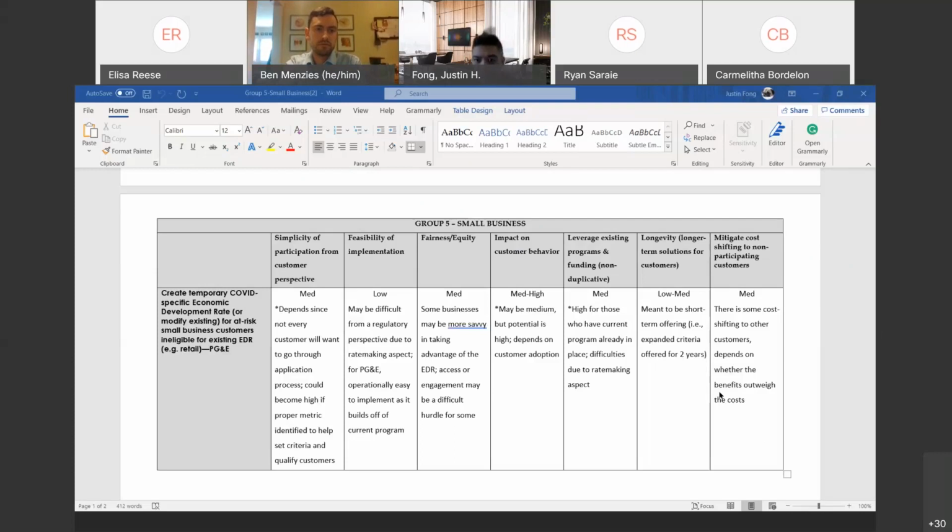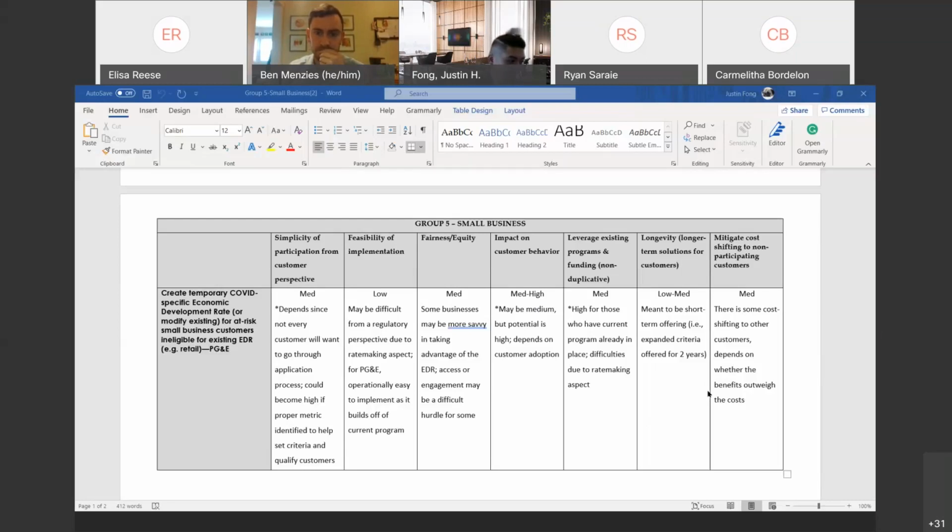The fairness and equity is medium. Some business may apply for it. They're savvy with all the programs the electric companies offer, but others may not be as savvy or interested in a new rate. The impact on customer behavior is medium and high. It all depends on the customer adoption.